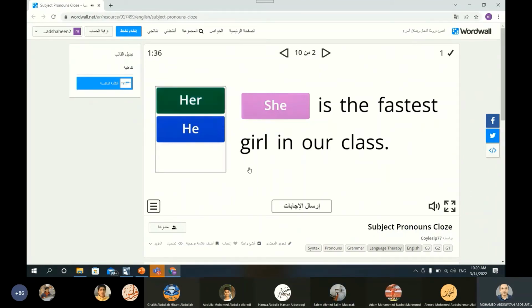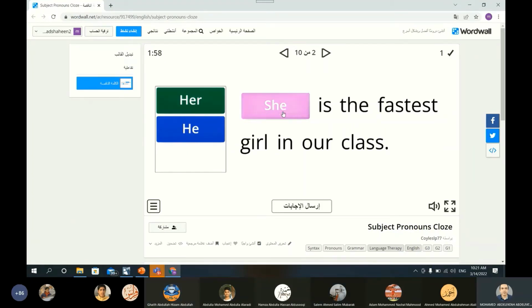Students, now I got confused because some of you say the answer is she, others say he, and some say her. What do you think is the correct answer? She. Yes, she is a girl, so you have to choose between she and her.